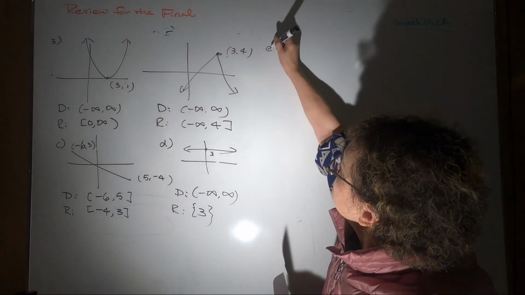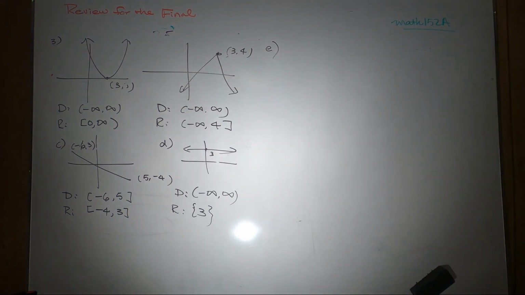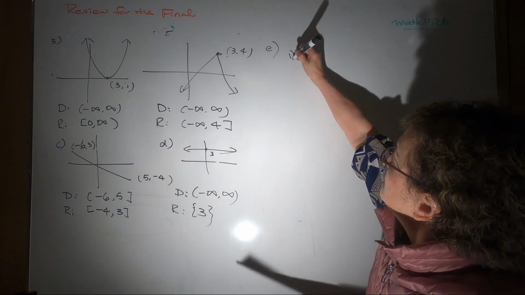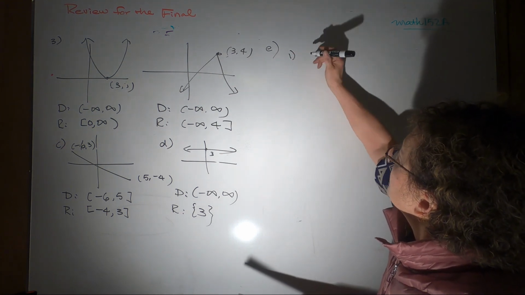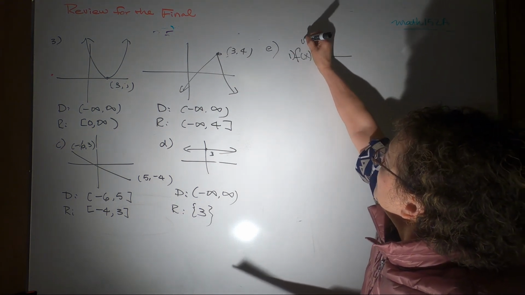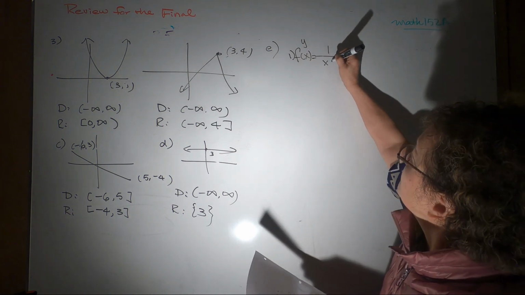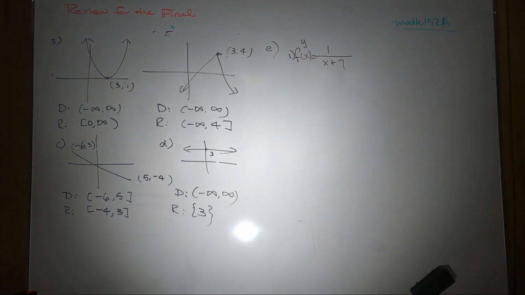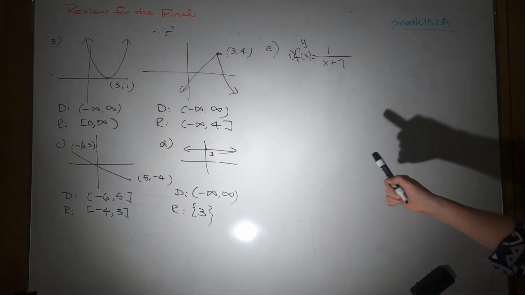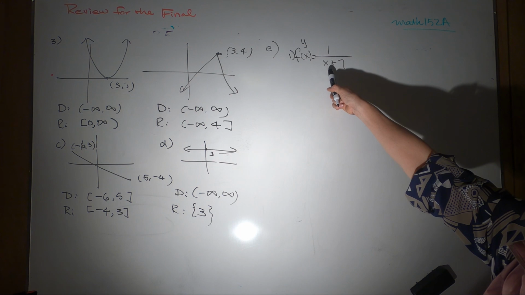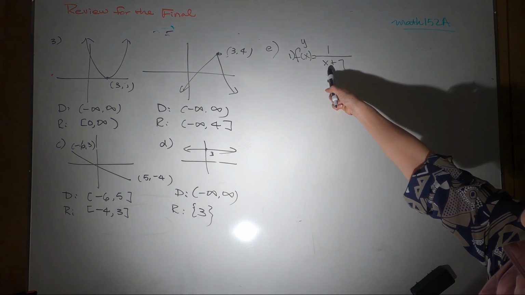Then we also said for functions, the domain has restrictions for certain conditions. Because if we say my f of x, which is my y, equals 1 over x plus 7, it's a fraction, so it has a restriction. You can plug in anything for x except what?